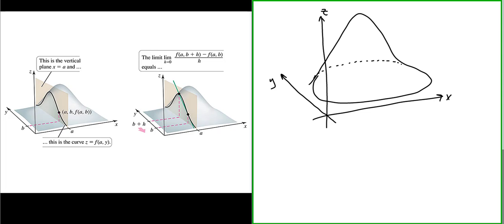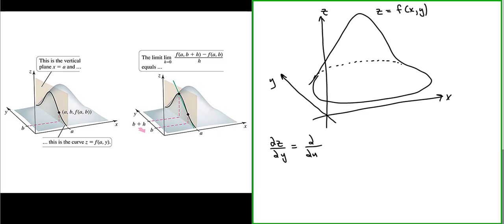There is our hill. This hill is described by the same function z as a function of the independent variables x and y. But this time, we want to evaluate the partial derivative of z with respect to y.